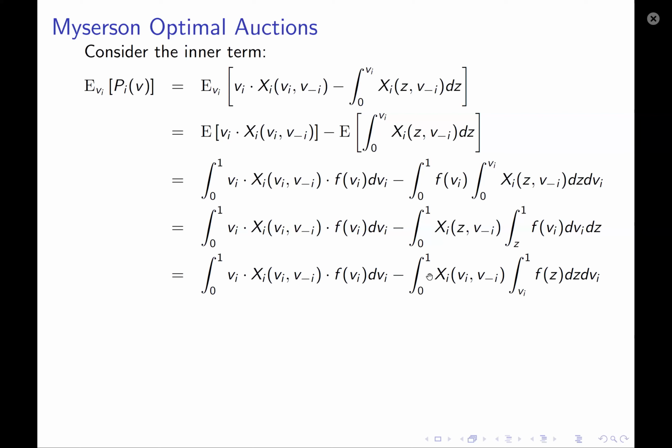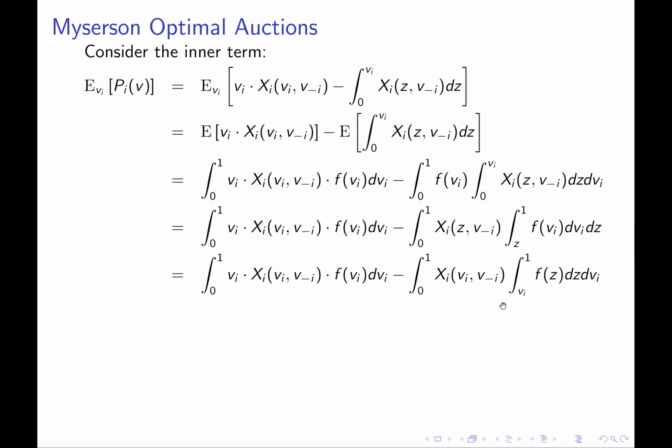Okay. So the next step is just a syntactic trick. There's no actual math going on. I'm just going to rename variables. So nothing's happening in the first term. I'm going to leave the first term alone for a while. But in the second term, just to make the notation line up better with the expressions we have in the first term, I just want to rename my variable z as vi, and I want to rename my variable vi as z. Right? Like the value of an integral doesn't care what you called the variable of integration, so I can rename them at will.